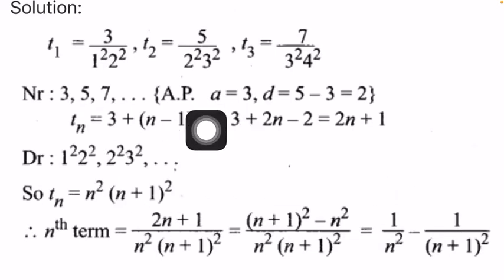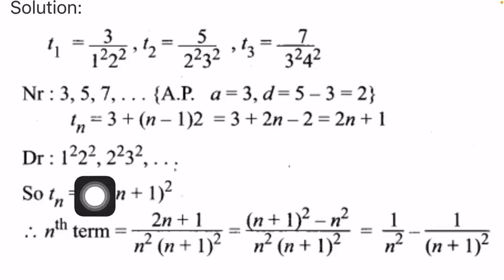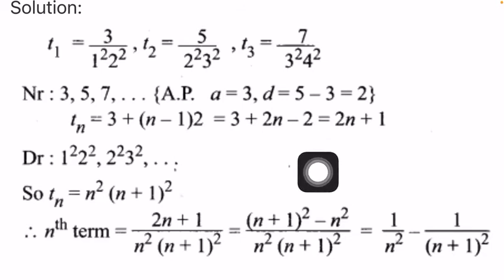So a is 3, 3 plus n minus 1 into 2, that is 3 plus 2n minus 2, that is 2n plus 1. The denominators are 1 square 2 square, 2 square 3 square, 3 square 4 square, so it is n square into n plus 1 whole square. So the nth term has numerator 2n plus 1 and denominator n square into n plus 1 whole square.